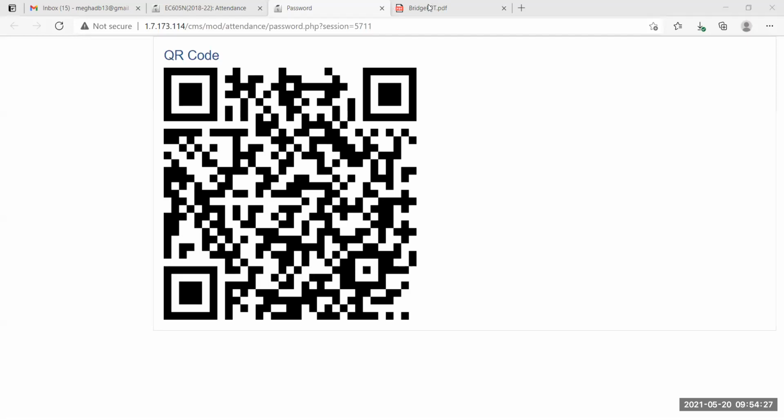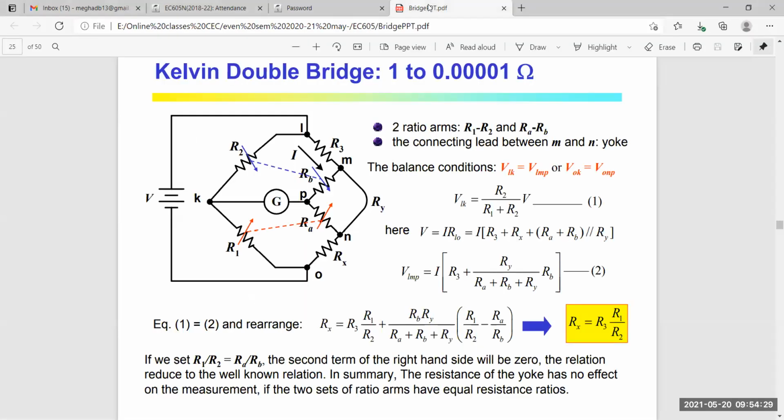Okay, so first of all, I will share the presentation with you and then we will start. So my previous class, if you check it out, I was discussing with you about the Kelvin double bridge for low resistance calculation.